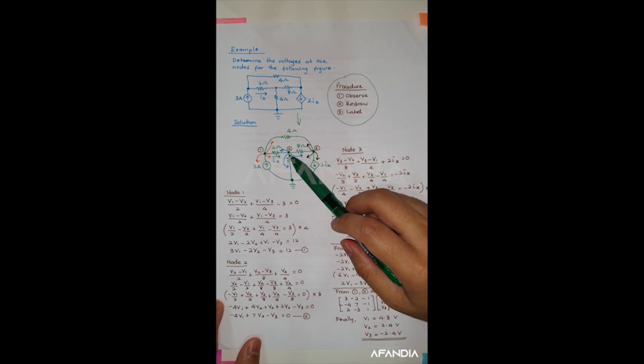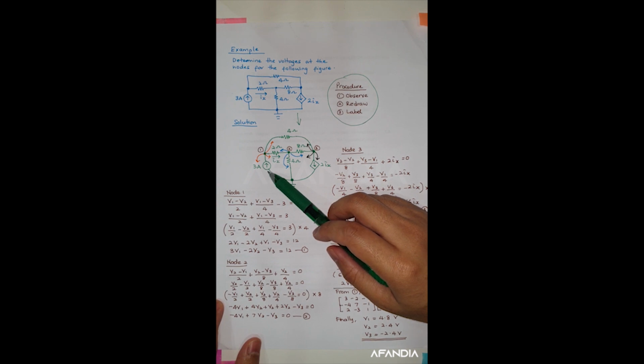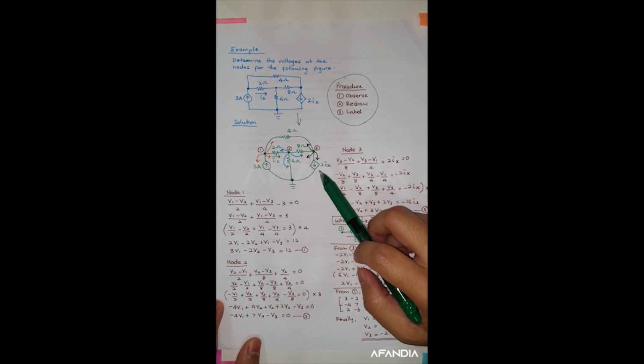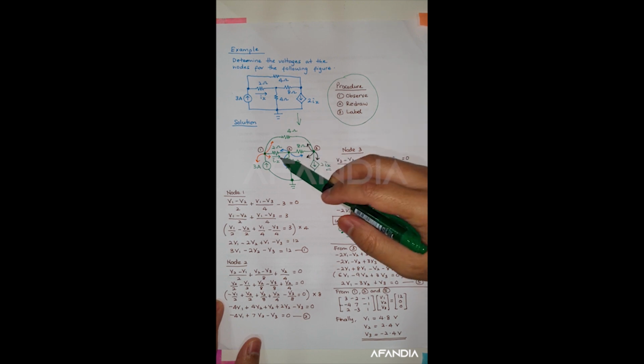When we observe, we notice that this is a dependent current source and this is an independent current source. As I always mention, we need to clearly understand where Ix is. So this is 2Ix and your Ix is here.